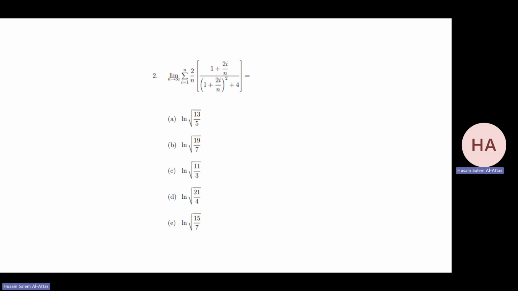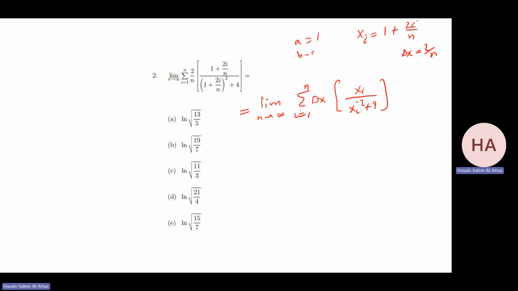Okay. Yeah, this one I need to change into an integral. I notice I can make x_i equal 1 plus 2i over n, when delta x is 2 over n. So this one can be written as limit n goes to infinity, summation i equals 1 to n, delta x. And this is what? x_i over x_i squared plus 4. a equals 1 and b minus a equals 2.